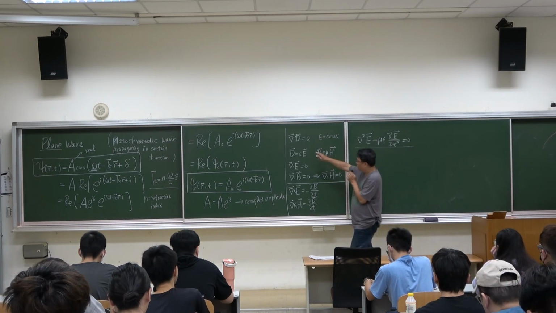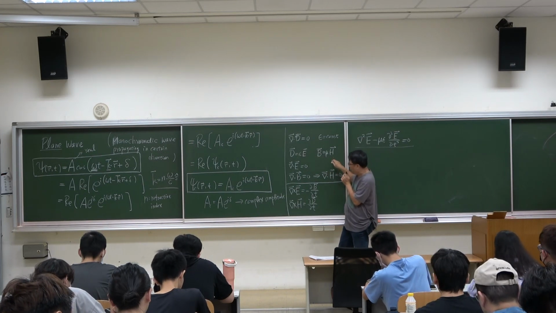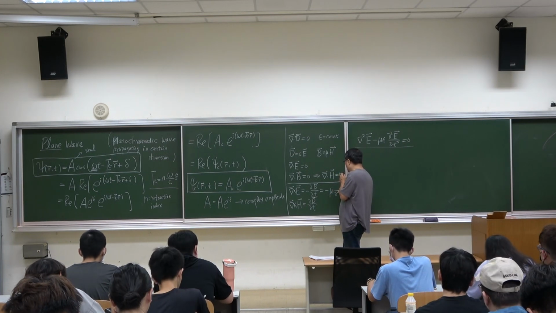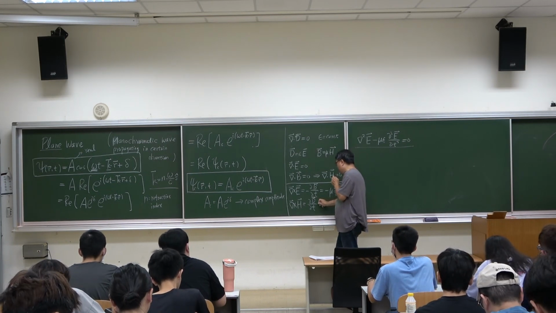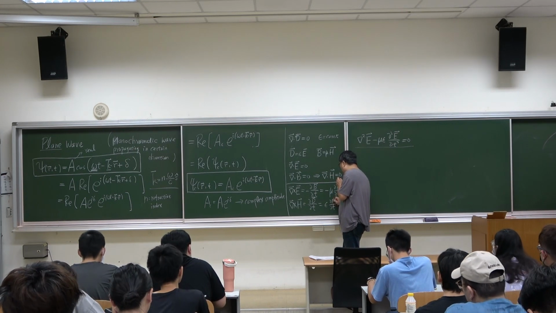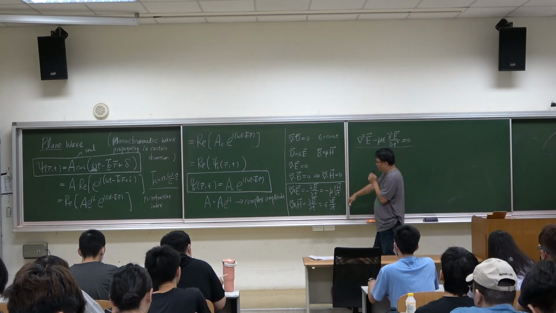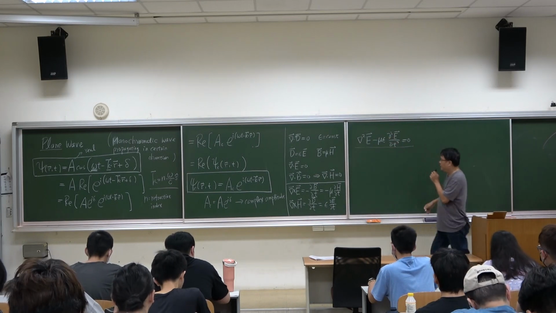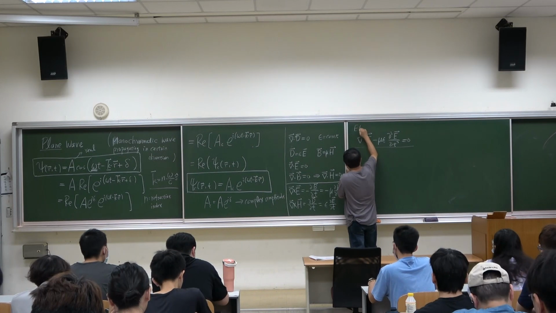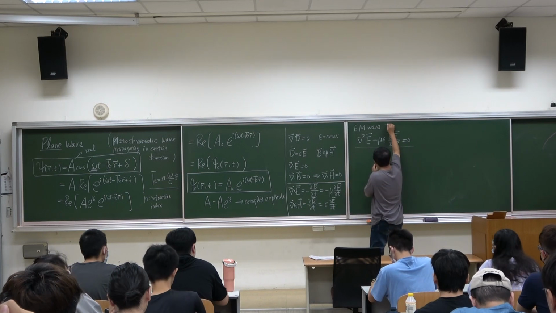According to the constitutive relation, B is equal to mu H, this can be written as mu partial t partial H. And this can be written as epsilon times partial t partial E. So now we use these two equations to derive the wave equation for the electromagnetic wave.